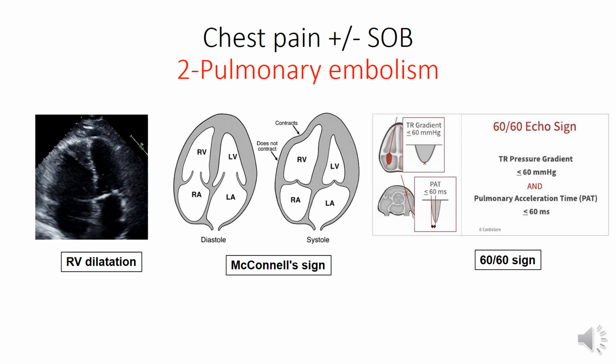This differential movement, with akinetic lateral wall and only moving apical segment, is called the McConnell sign, and has a good sensitivity for pulmonary embolism.